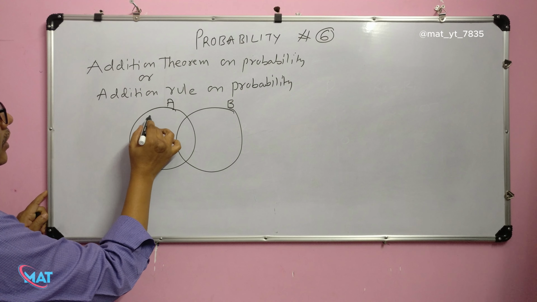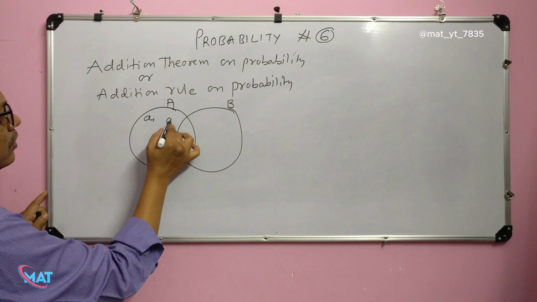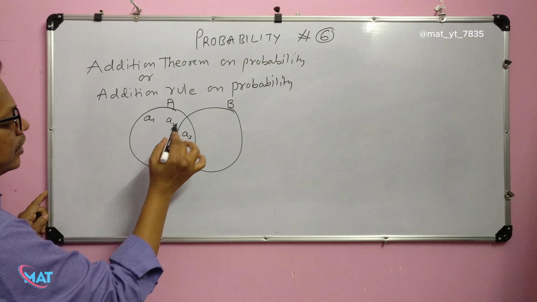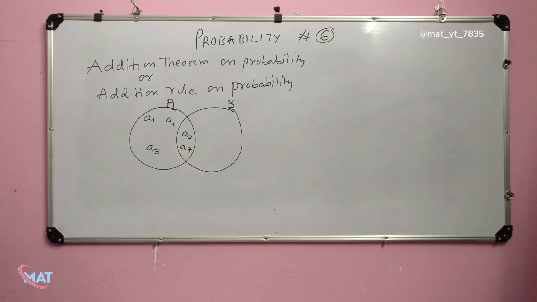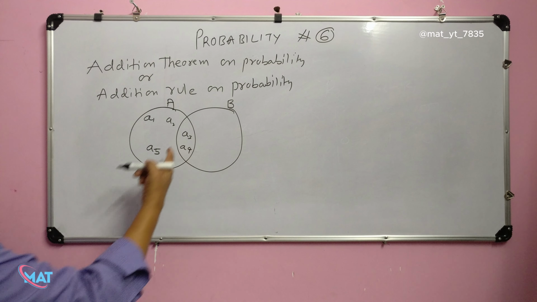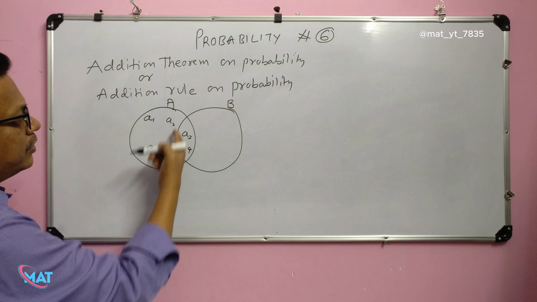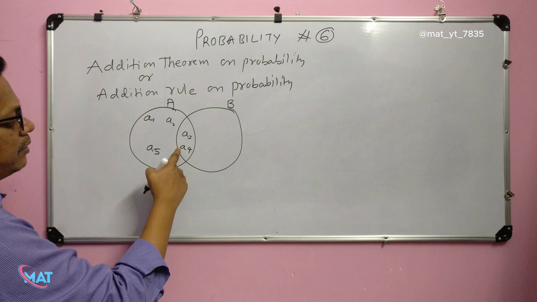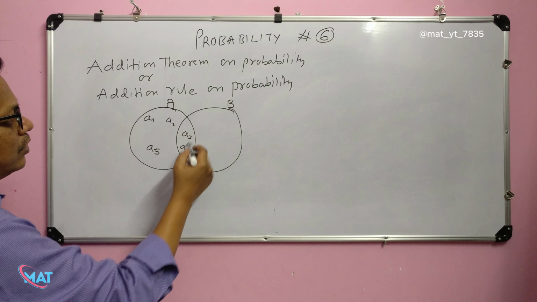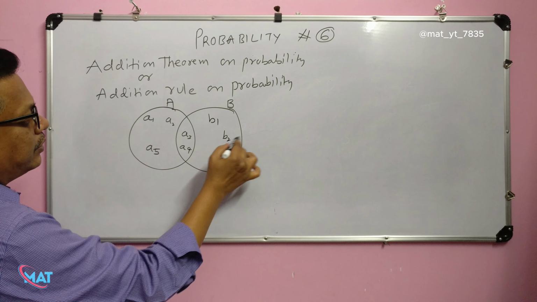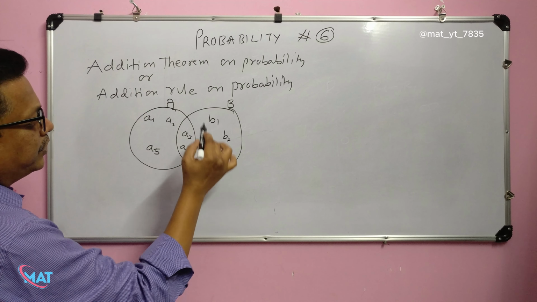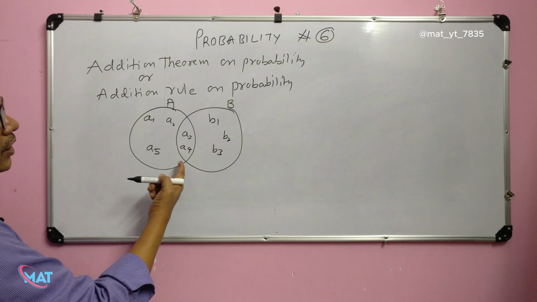Suppose I take A1, A2, A3, A4, A5. There are 5 outcomes in event A, and any outcome I write in the common portion will be there for B also. Let us designate the remaining elements B1, B2, B3, and the common ones A3, A4.